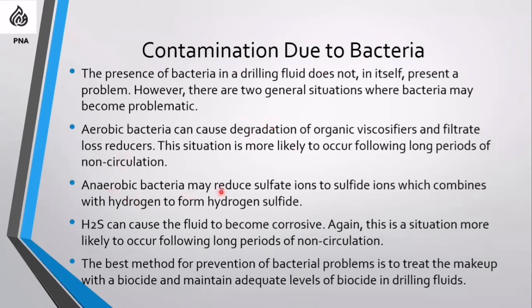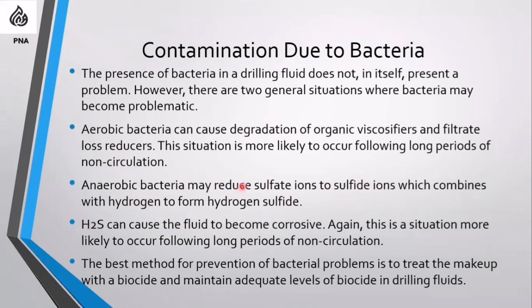Anaerobic bacteria may also reduce sulfate ions. This is another situation that makes bacteria problematic. This reduces the sulfate ions to sulfite ions, which combine with hydrogen to form hydrogen sulfide, H2S.